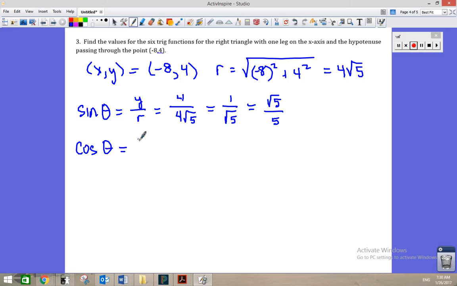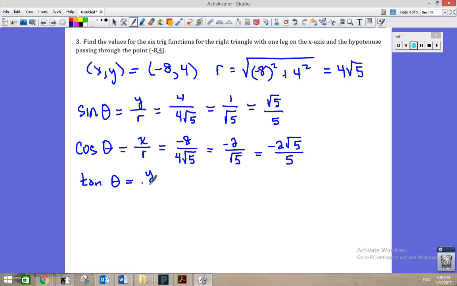Cosine of theta is x over r, negative 8 over 4 times radical 5, so negative 2 over radical 5. Rationalize that. The tangent of angle theta, y over x, reduces to negative 1/2.